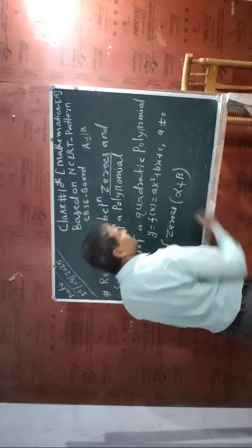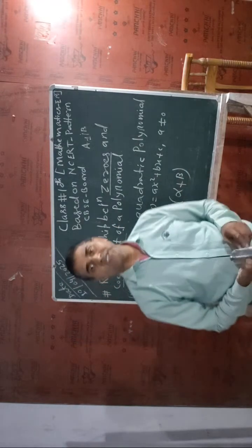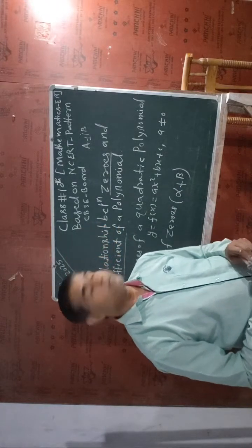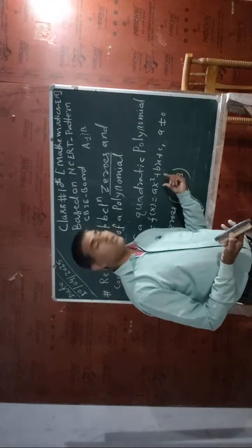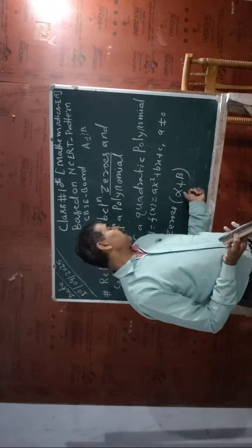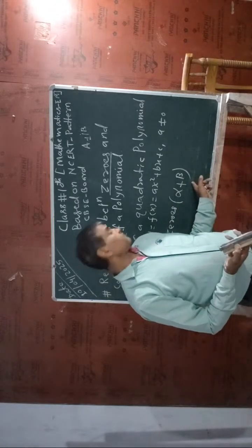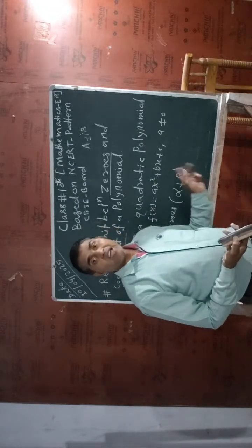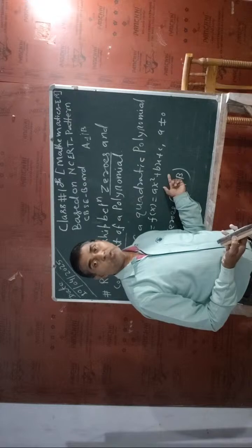In other words, this quadratic equation will cut the x-axis at two different points, and it will have two roots, meaning two values of x. One value of x is called alpha, and the second value of x I say beta. It means that alpha and beta are the roots of the given quadratic polynomial.